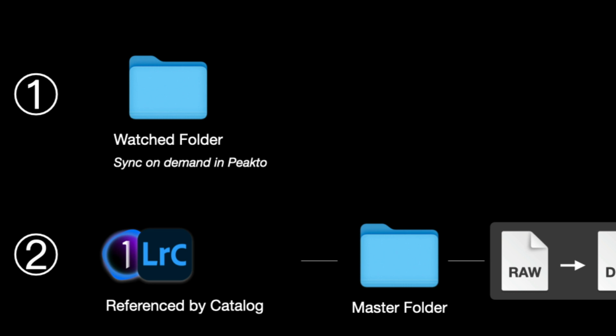So if you use the default settings of PureRAW, which are to write the output file next to the original file, the output will end up in that watched folder and will appear by magic in Peakto. So that's really simple. You'll see the little yellow dot icon, telling you that the folder needs to be synced because there's a new file in it and it's going to show up.